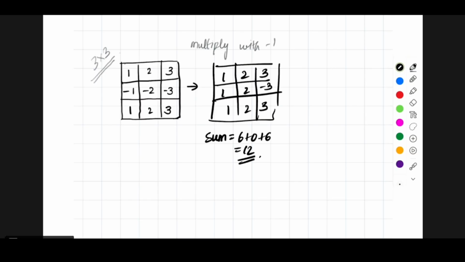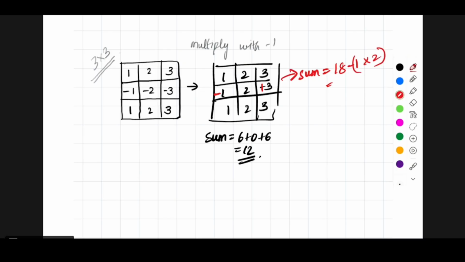But let's see, in a case where this 1 was negative and this 3 was positive, what will the sum be? In this case the sum will be entirely different. We will have 18 as the entire matrix sum, minus 1 into 2.